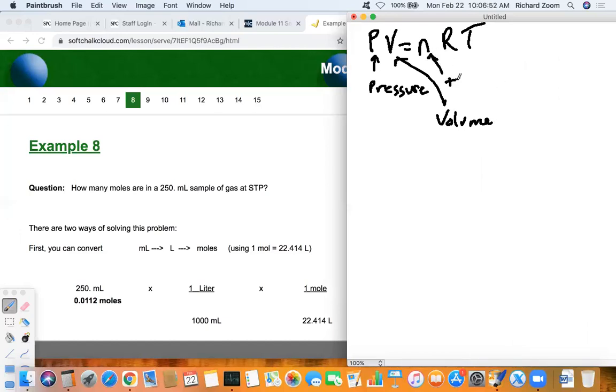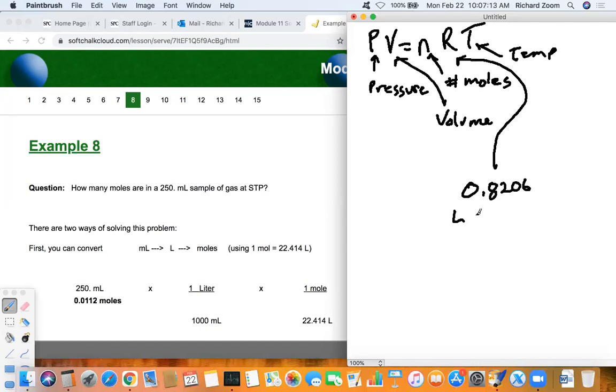N is number of moles. T is temperature. And R is a constant value we're calling the real gas constant, 0.08206. And the units on that are liters, atmospheres per mole per Kelvin, which defines what units we're looking for each of these other things that we have here.